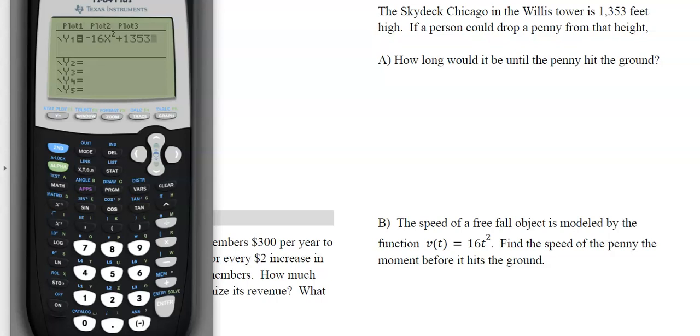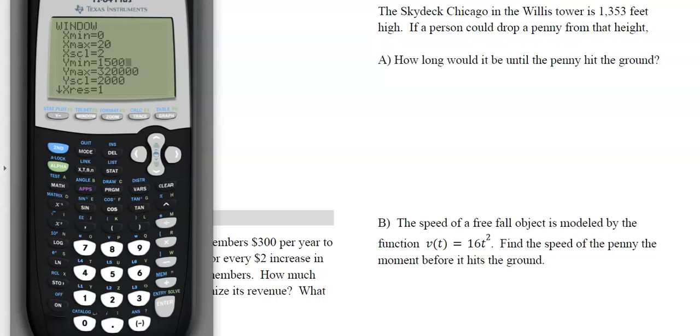Let's common sense our window a little bit. How long is it taking to hit the ground? I don't know. We'll see if 20 seconds is long enough. Go by 2s. I know I'm going from a height of 1,353, so maybe I'll just go 1,500. And I want to know when it's going to hit the ground.